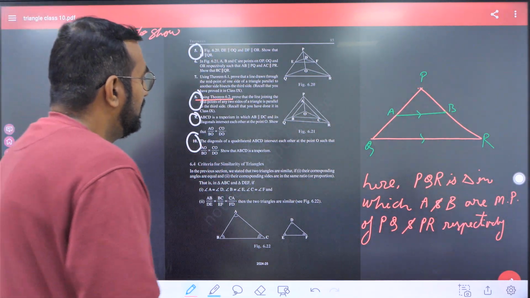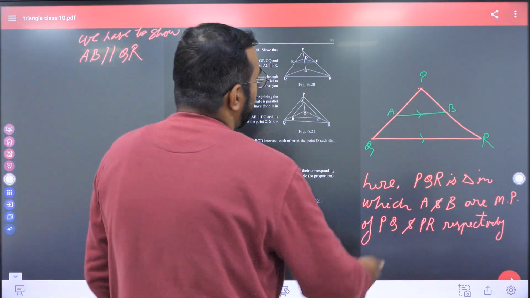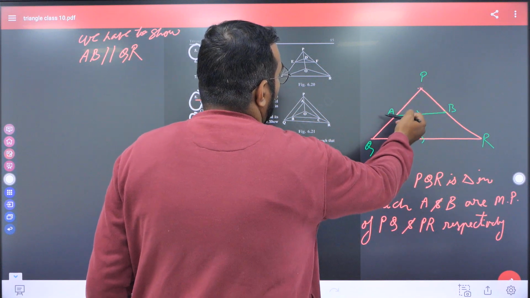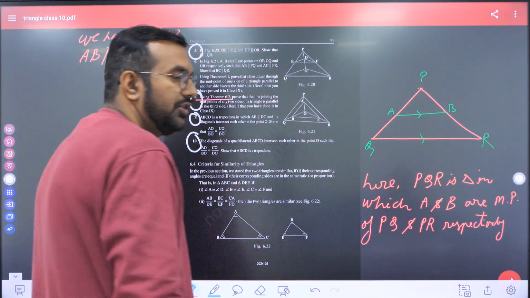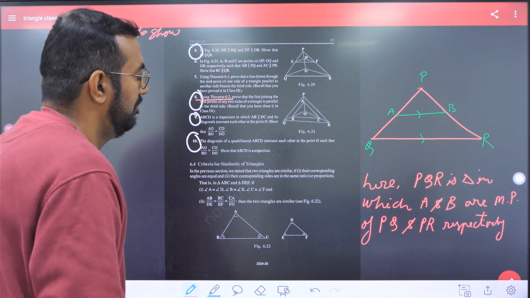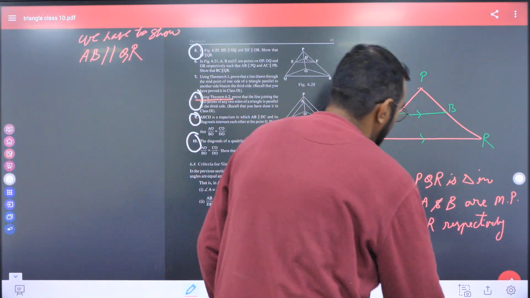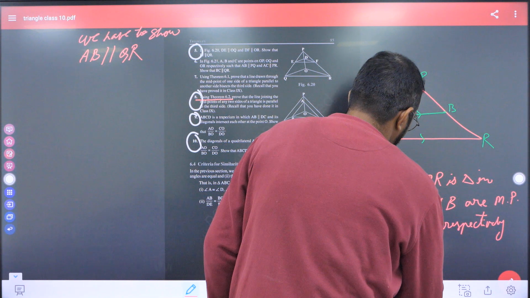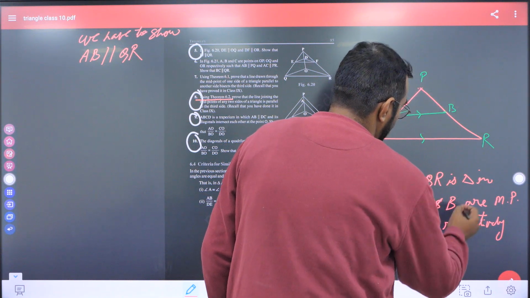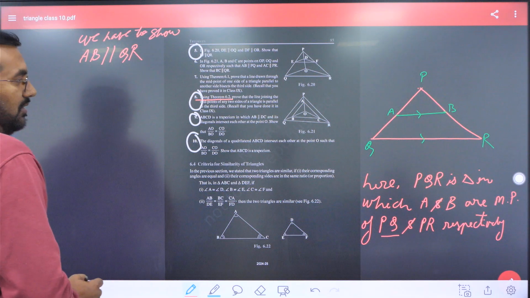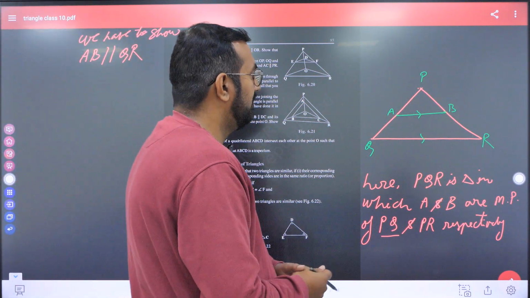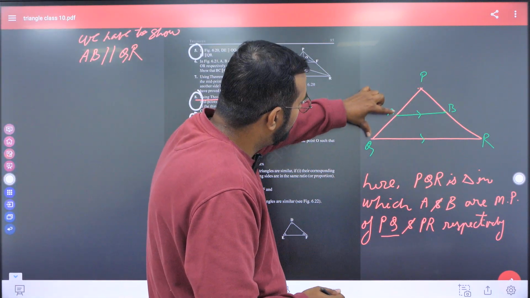So here it is given that A is the midpoint of PQ. Yes. And we will take the help of the given things only. So A is the midpoint of PQ and B is the midpoint of PR. So what you deduce? You can deduce AP is equal to AQ.